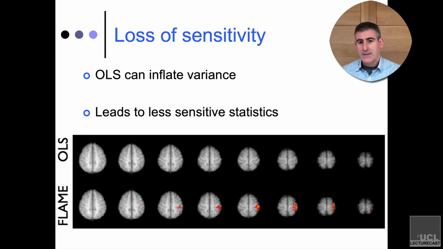In practice, like 20 years ago, when all this stuff was being developed, computational power wasn't as readily available as it is now, and ordinary least squares was a quick way of getting things done. Trying to do the more computationally intensive thing sometimes took days to weeks to compute those values, and as a result, sometimes people were willing to just chuck that out and say, forget about it, give me the OLS solution and I'll just run with it, because I can't wait 7 days until my computer's done this calculation.